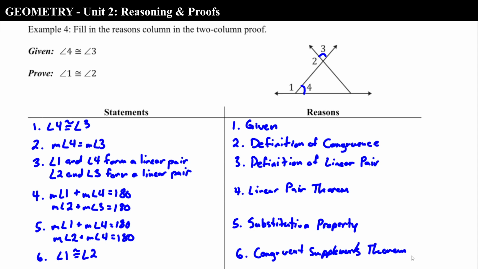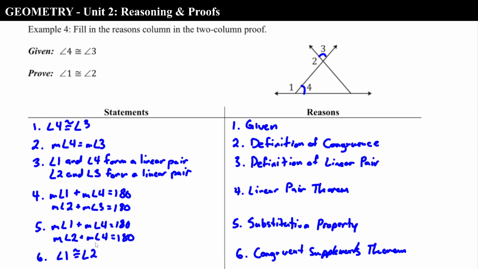Okay, so hopefully you get a sense of how this works. You'll notice that we did jump around a little bit. We started with what was given and we went with what we could off of that. Then we looked at the figure and wrote down what we knew, and then we came to some conclusions out of that for number 4. Then we used 2 and 4 together to get number 5, which led us to number 6. So you see we jumped around a little bit. We had to use 2 and 4 together to get to 5.